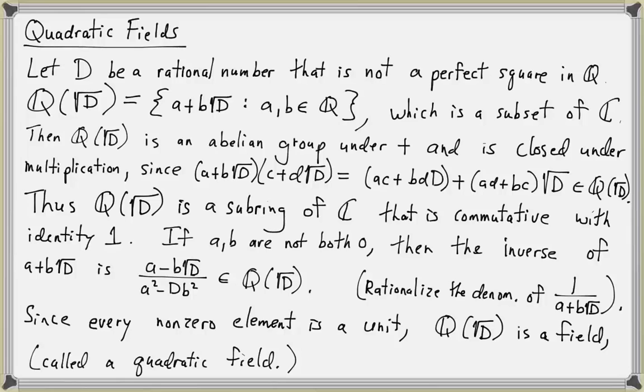So now we're going to look at a subring of these quadratic fields. Initially, we're not letting square root of D be a perfect square in the rationals. Now when we look at quadratic integer rings, capital D is going to be a square-free integer, that is, an integer that has no factors that are perfect squares.